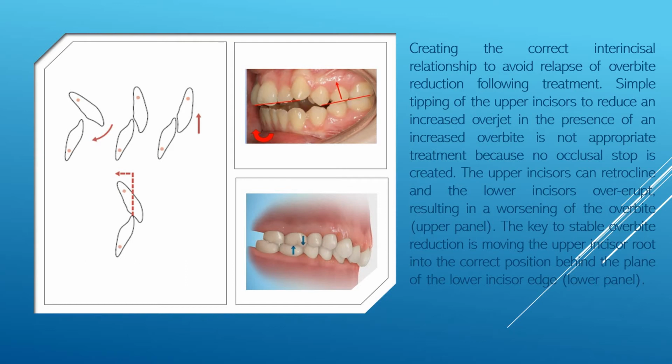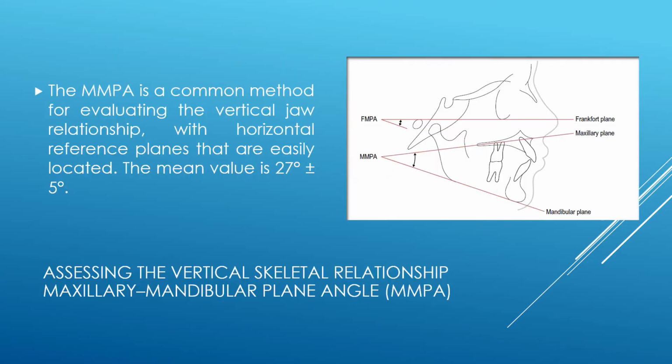Before treatment, of course, we have to evaluate the degree of open or deep bite, and in this case we again use cephalometric measurements. The vertical jaw relationship can be assessed in a number of ways, and one of the most important and common ways is cephalometric evaluation of the maxillary mandibular plane angle, MMPA.